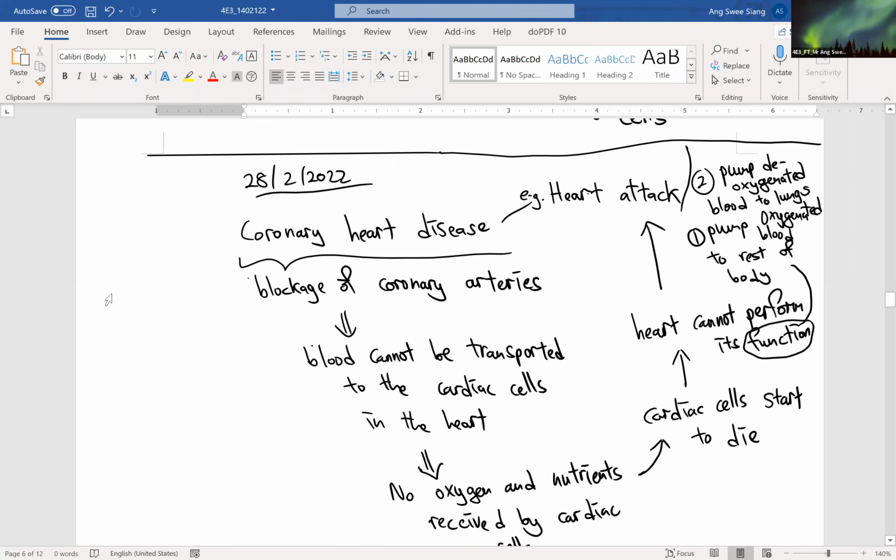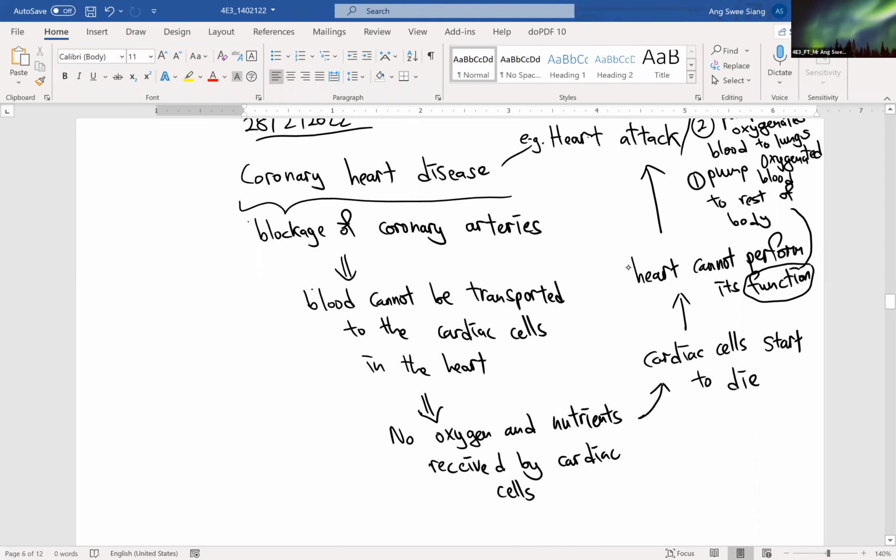Then cardiac arrest is different from heart attack. They have different causes. So this one, coronary heart disease, is due to unhealthy lifestyle. So what are the causes of blockage?